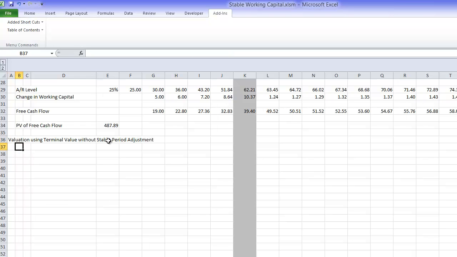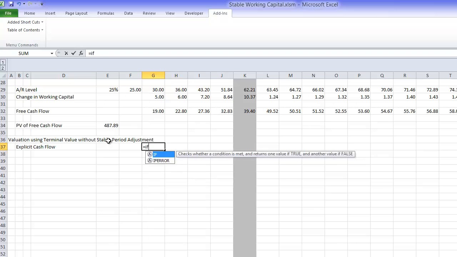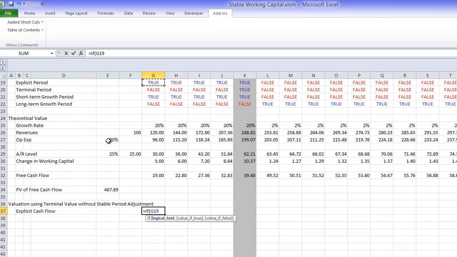And for that, let's first put in the explicit cash flow. That explicit cash flow is simply the free cash flow we have above, but we only use it if we're in the explicit period.